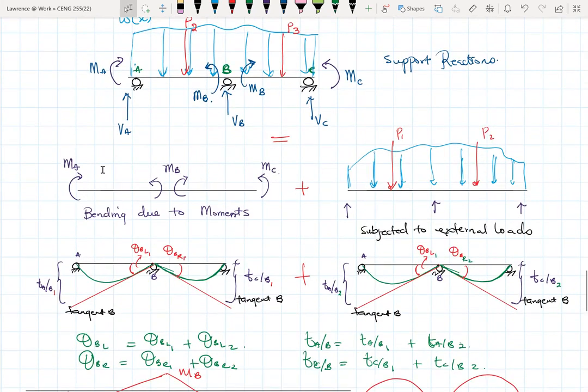To explain that, these are what we call point moments. MA, MB, MC are point moments.